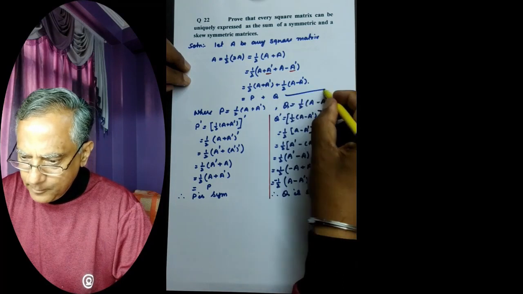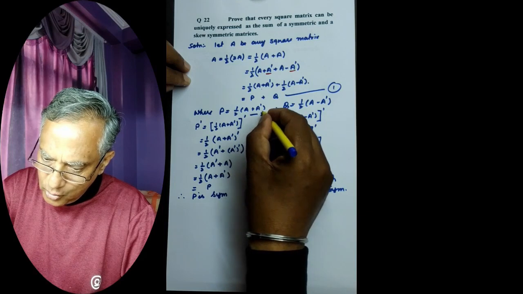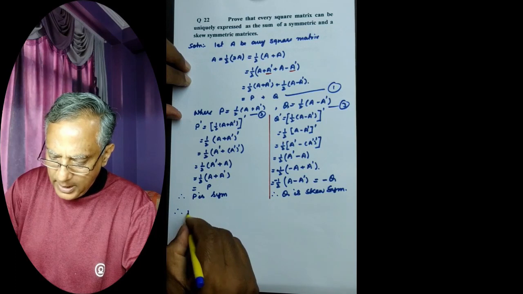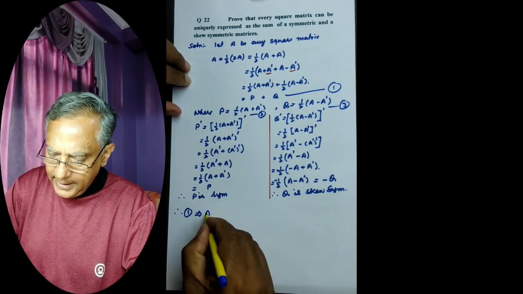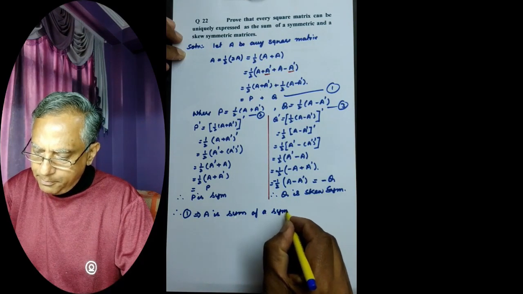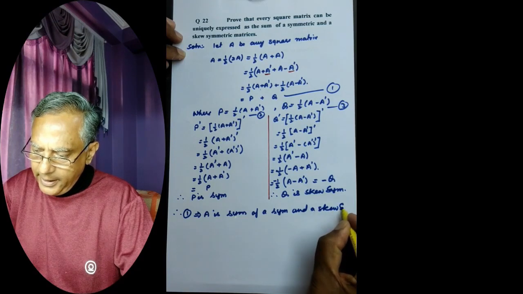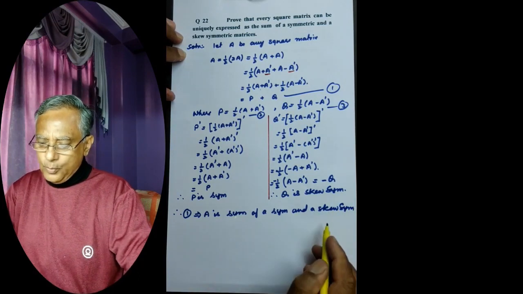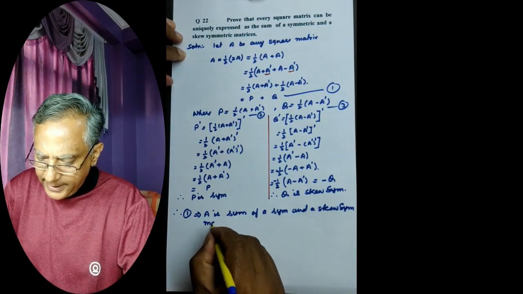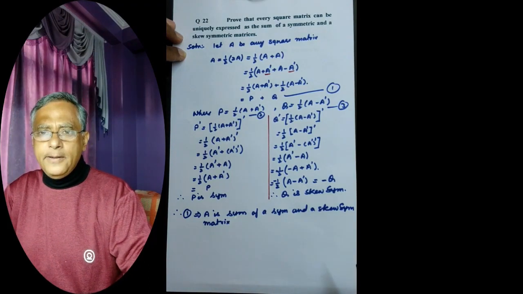So call this as 1, this is 2, this is 3. Therefore, 1 implies A is the sum of a symmetric, that is P, and a skew symmetric, that is Q. Therefore, A is a sum of a symmetric and a skew symmetric matrix.